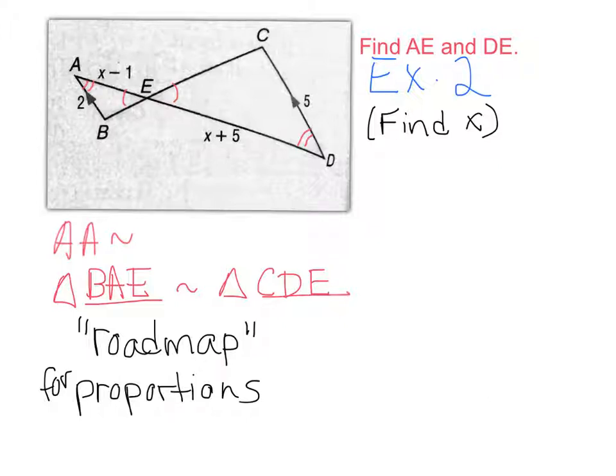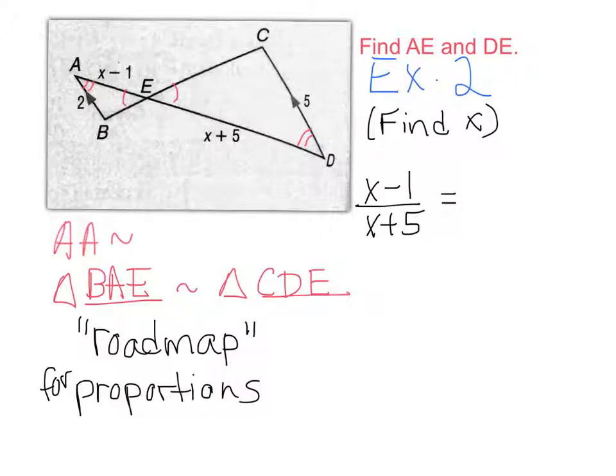So here we are, AE is X minus 1 as we're setting up this proportion, there we go, X minus 1 all over DE, which is X plus 5, and that is going to be equal to any other ratio that we have in the picture.